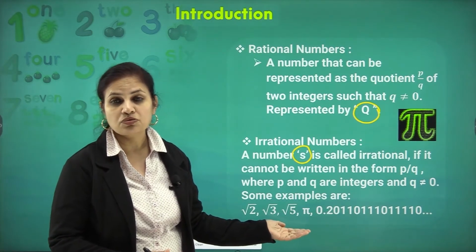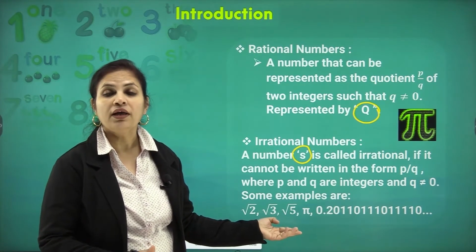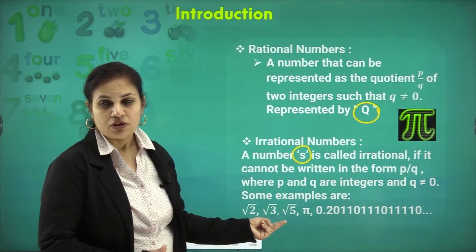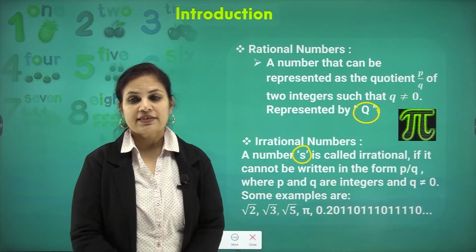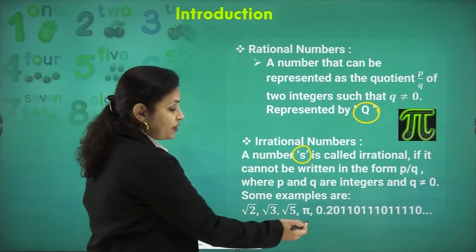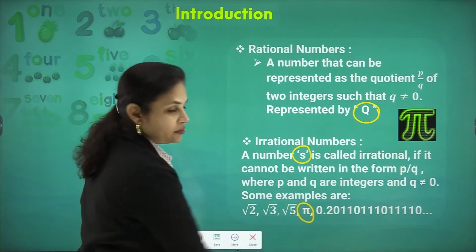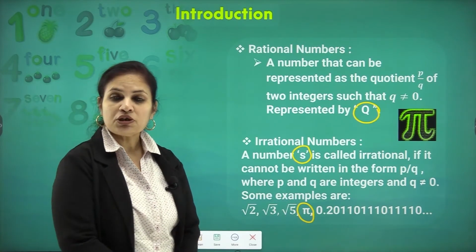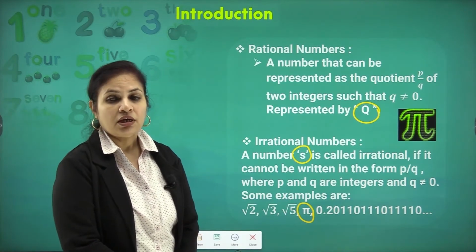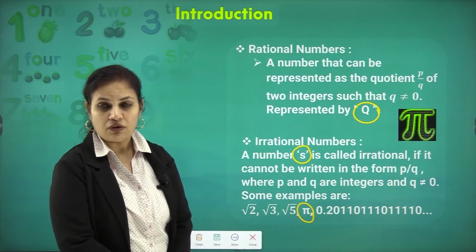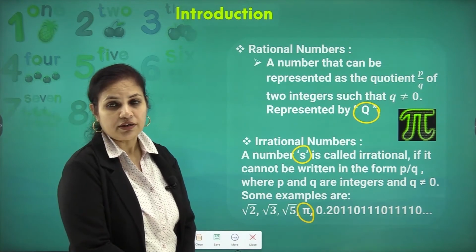What are these root 2, root 3, root 5? They are all non-perfect square numbers. So all the imperfect squares and imperfect cubes, along with the value pi. Pi is an approximation. The value of pi which we use in mensuration and geometry is an approximated value of an irrational number.